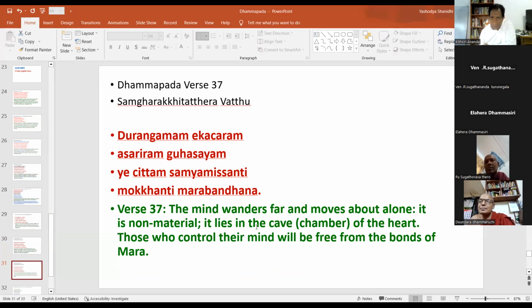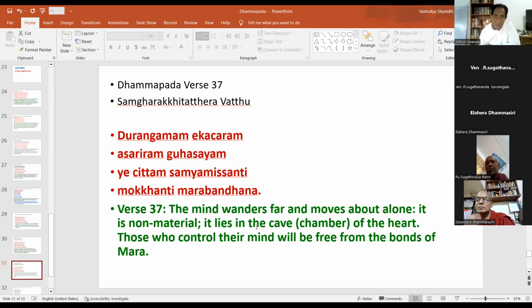Ekachara. It goes alone. It doesn't take any companion. Asarira. The mind itself doesn't have a body. Guhasang, but it lives in the cave of the physical body.